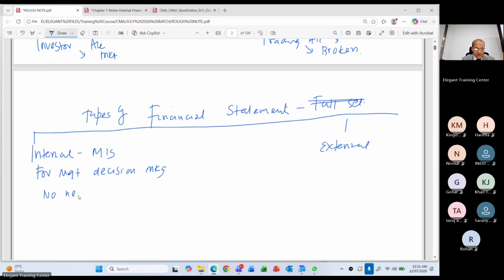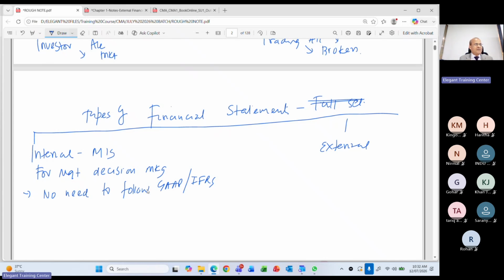No need to follow GAAP or IFRS. What is GAAP, Isaac? Generally accepted accounting principles. IFRS, International Financial Reporting Standards. So internal financials need not follow accounting standards. Clear? Because internal financials are only for decision making.